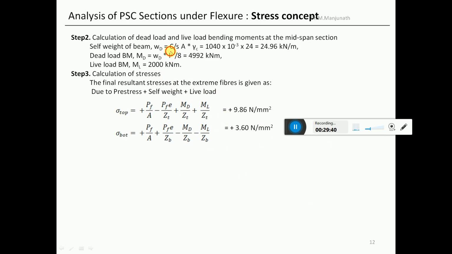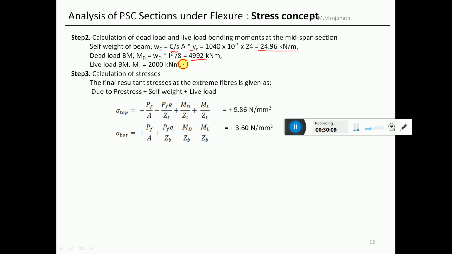So the self weight is cross sectional area into concrete density, so we get the self weight of the beam as 24.96 kilonewton per meter, and at midspan when we calculate the bending moment by WL square by 8, we get the bending moment due to the dead load, and there is no need to calculate live load bending moment.